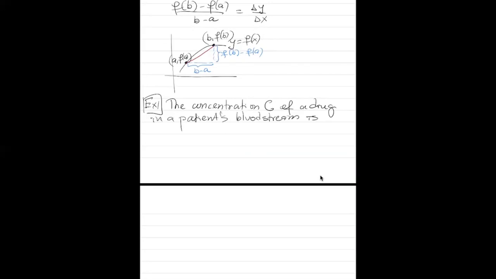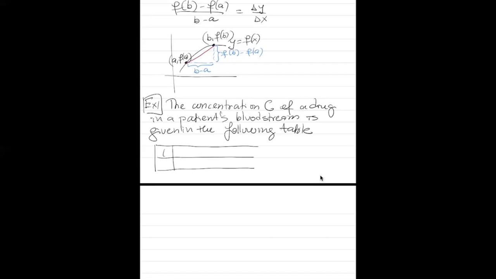Let's say it is given in the following table. In other words, it's recorded every 10 minutes for an interval of 2 hours. I'm just going to give some of those values.